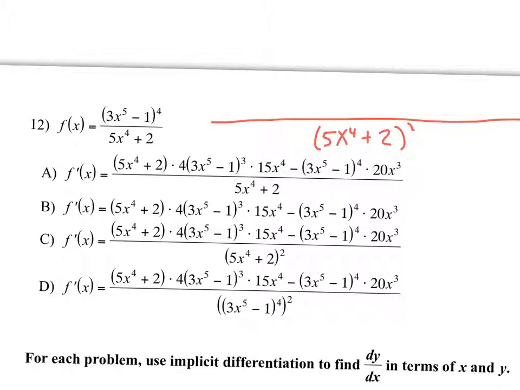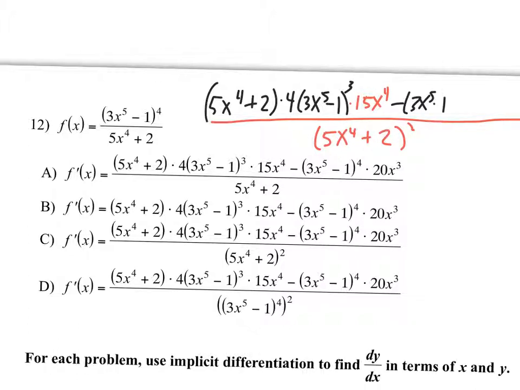So we got the bottom, 5x to the fourth plus 2 times the derivative of the top, which is 3x to the fifth minus 1 to the third, and then times the derivative of the inside of that, which is 15x to the fourth, minus the top, 3x to the fifth minus 1 to the fourth, times the derivative of the bottom, which is going to be 20x to the third.